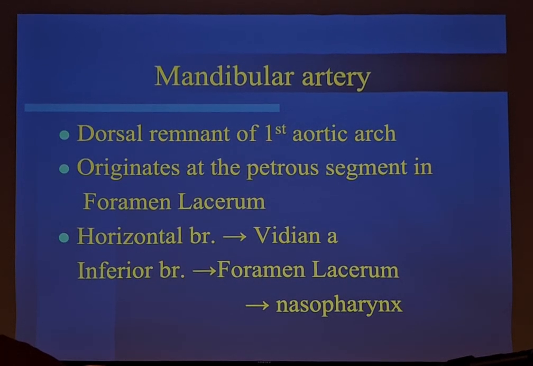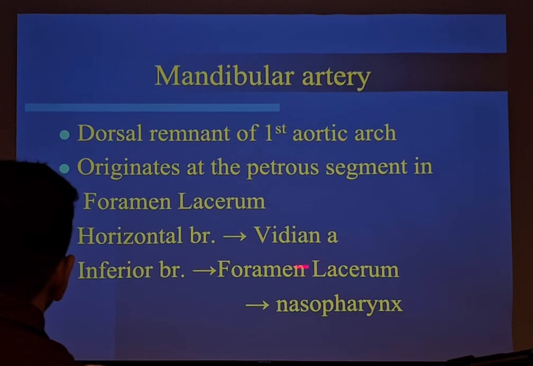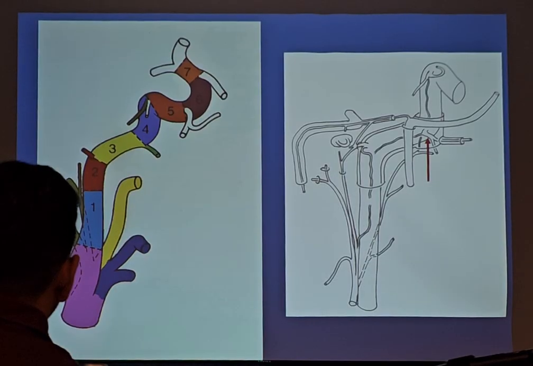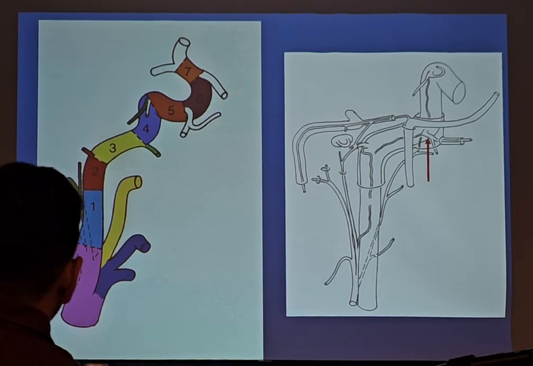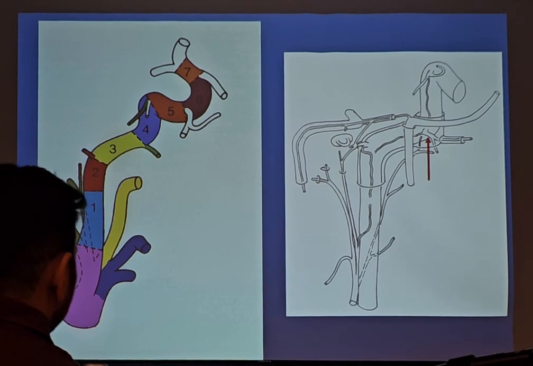The mandibular branch is the one remaining part of the first aortic arch. In the normal adult, the first aortic arch gives off branches; the horizontal branch we call the median artery. The inferior branch goes through the foramen lacerum to the nasopharynx, and that's the mandibular branch. The median artery goes through the body of the sphenoid bone. The one that goes down to the nasopharynx is called the mandibular branch.